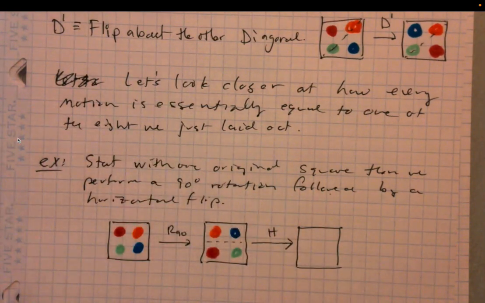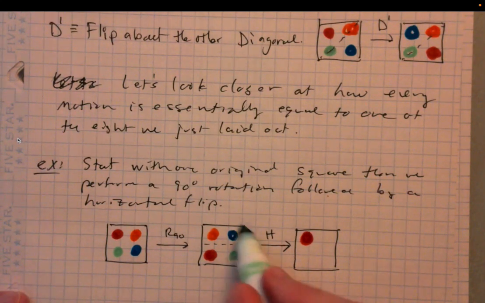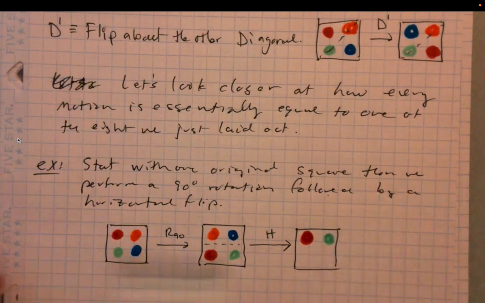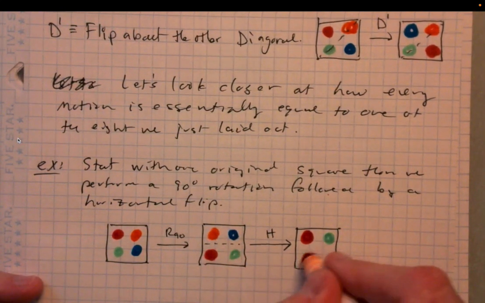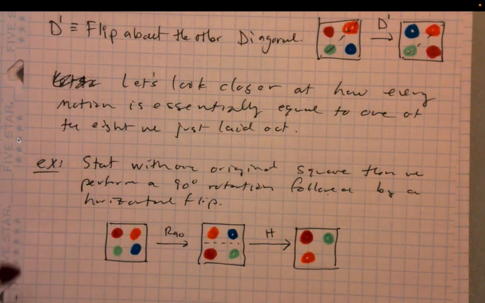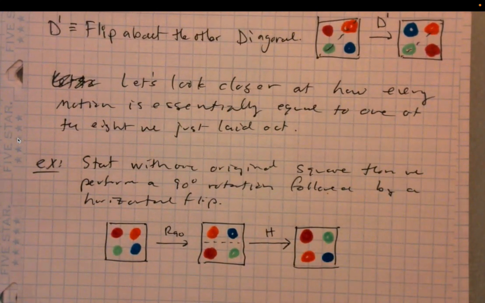All right, so pink is going to come back up to the top. Green is going to come back, this one down here is going to flip up to here. Orange is up at the top, it's going to flip down to the bottom. And then the blue will do the same. Okay. And so this is our first example.